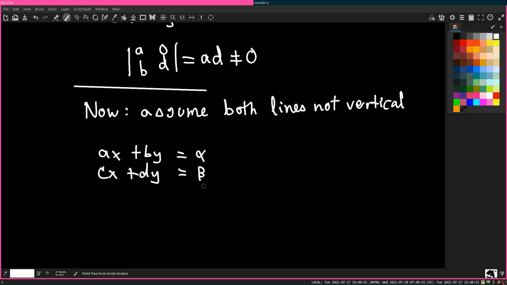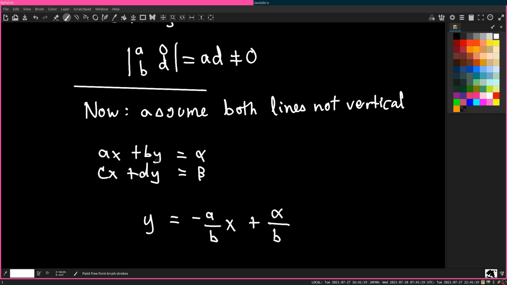So this system of equations is equivalent to: the first one is y is equal to minus a over b times x plus alpha over b.